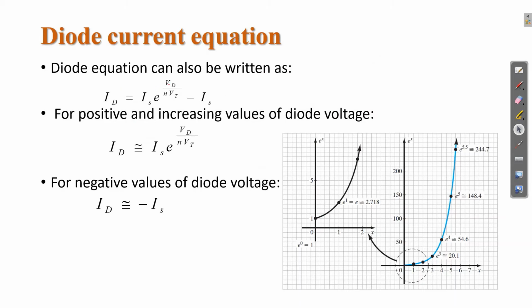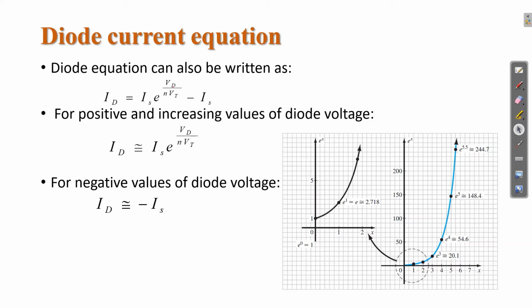Now for positive values of VD, that is for forward bias, when you have increasing values of VD, so you take successive values of VD which are larger and larger.